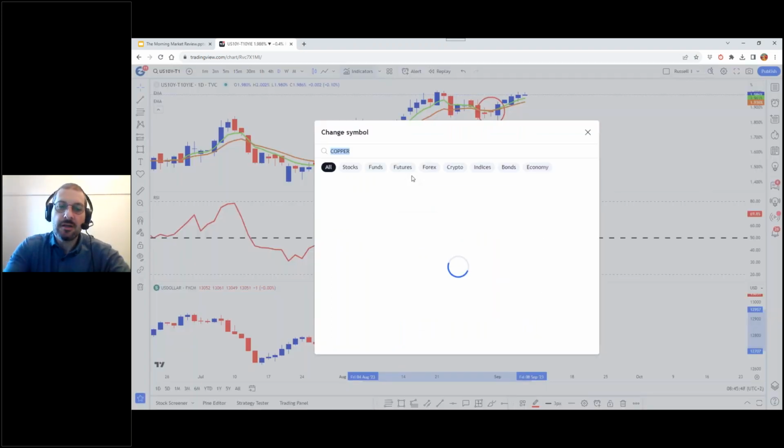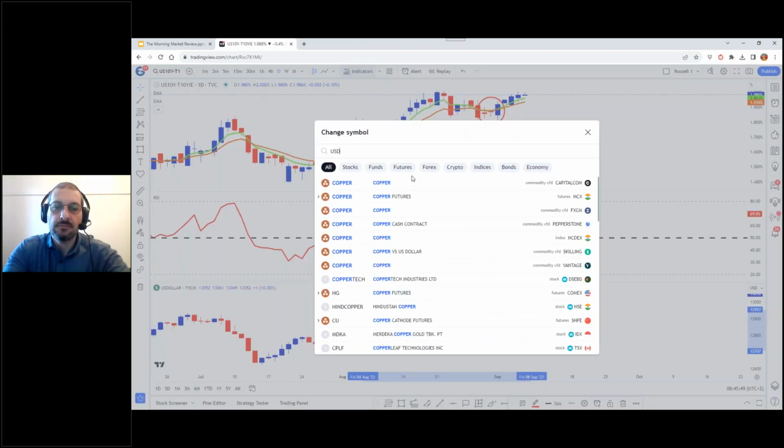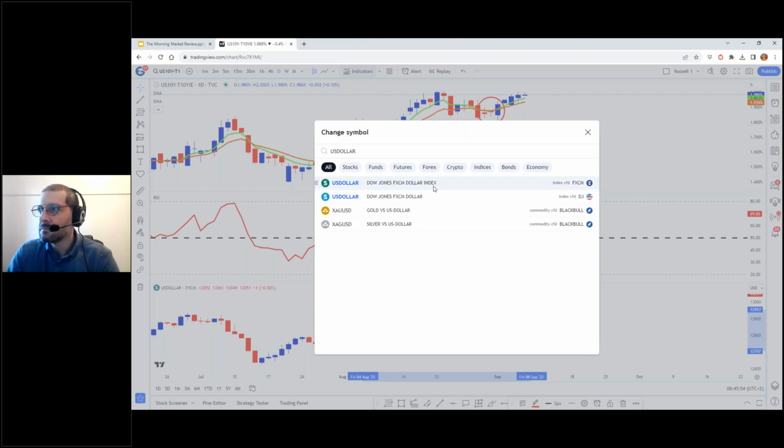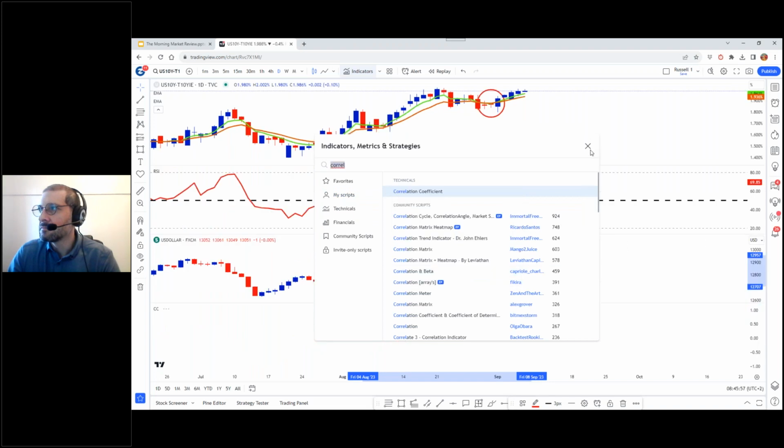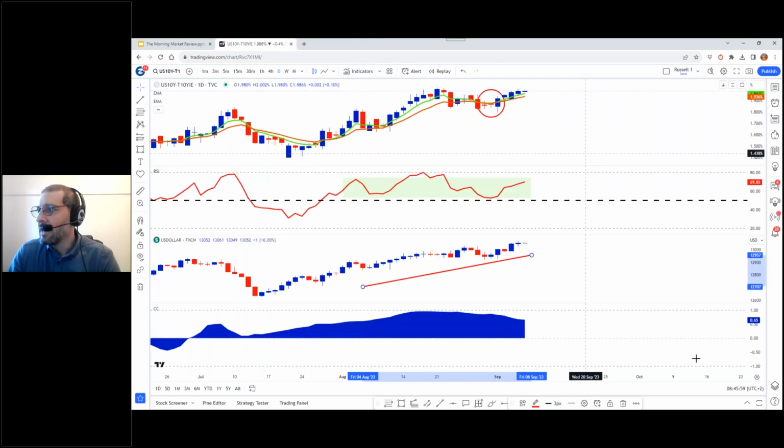And I'm just going to put in the US dollar there. And we've got a very robust 65%. So at the moment, okay, there is a distinct correlation between the real rate and the US dollar.